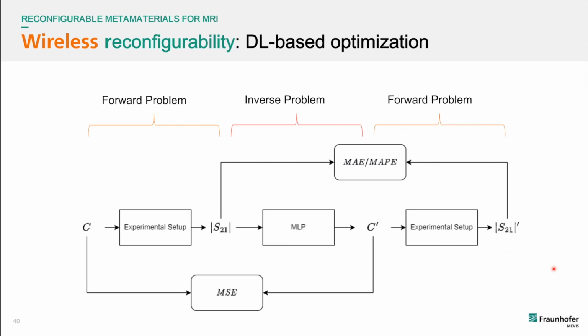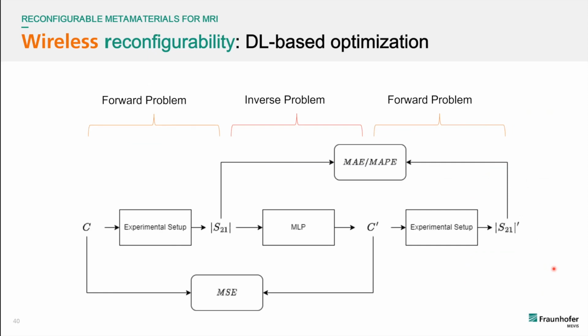And so we came up with a deep learning based solution, which allows a neural network to learn the dependencies on how the different patterns look like if you do have different loads in a subject.